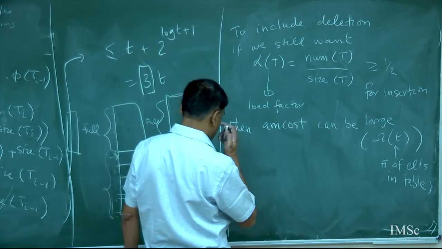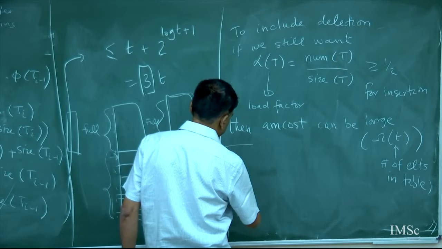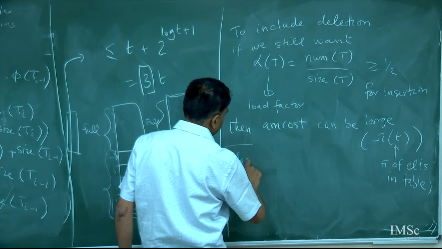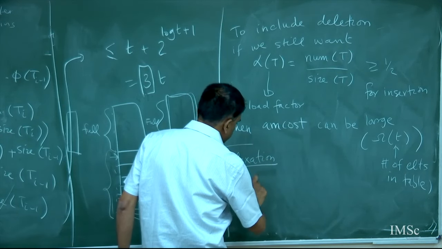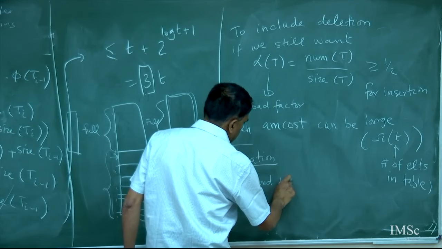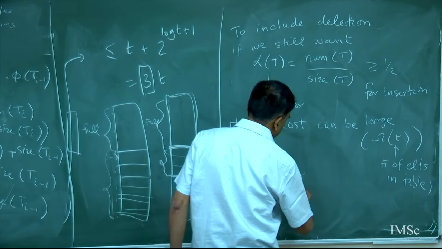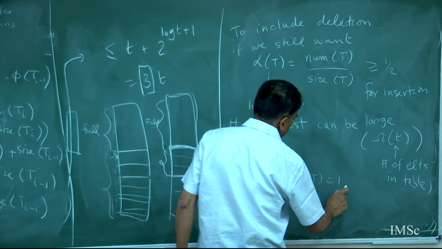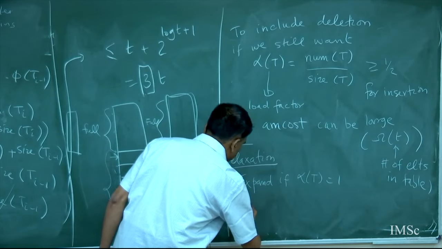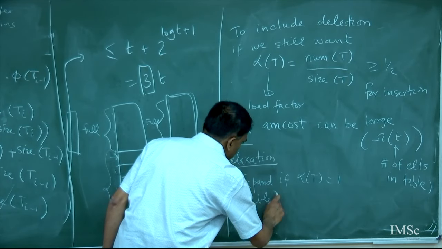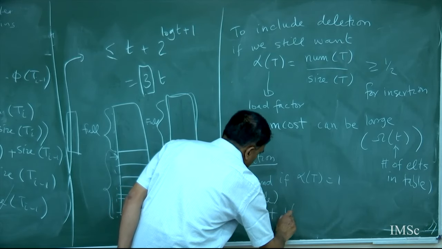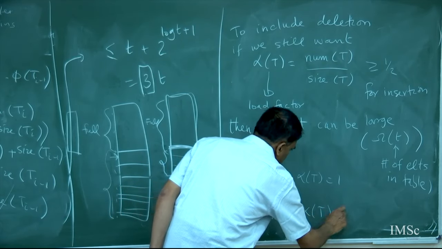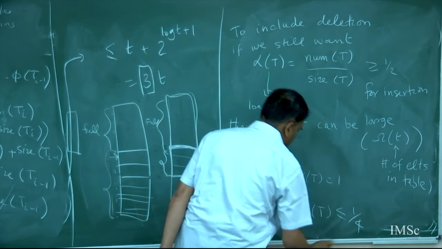So now the relaxation: expand if alpha t is 1, where expand means double this space, and contract if alpha t is less than or equal to 1 by 4.